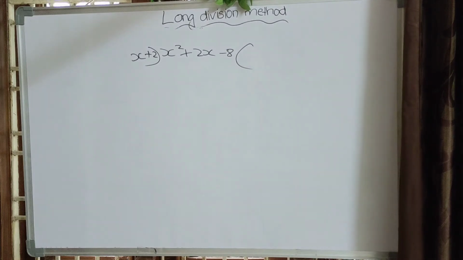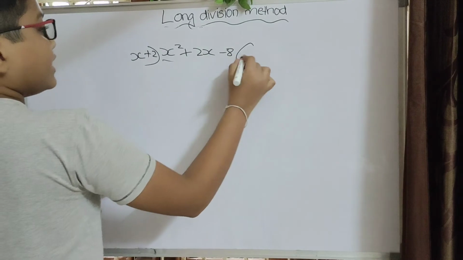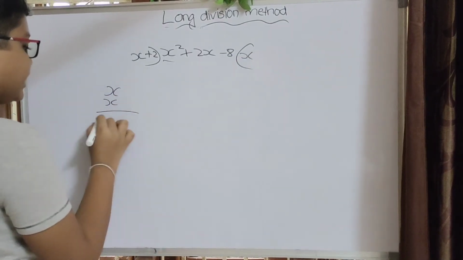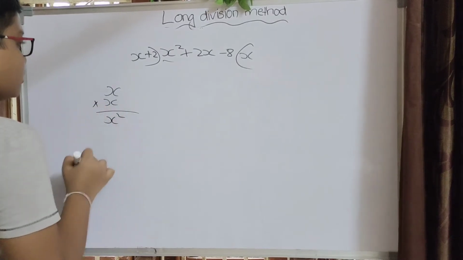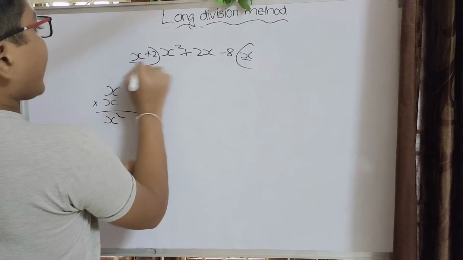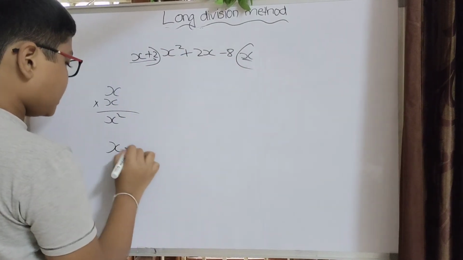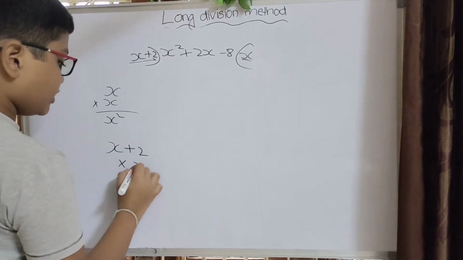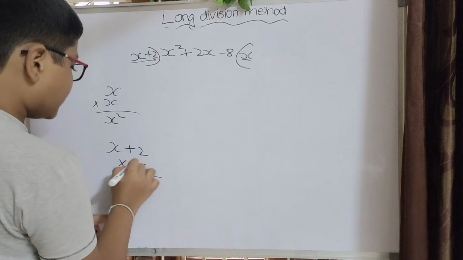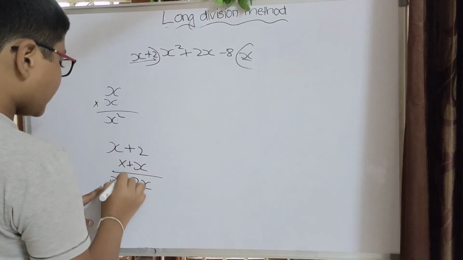We will see now. To cancel x square we have to write here x, because x into x is x square. Now multiply x plus 2 whole with x. X into 2 is 2x, plus into plus is plus, and x into x is x square.